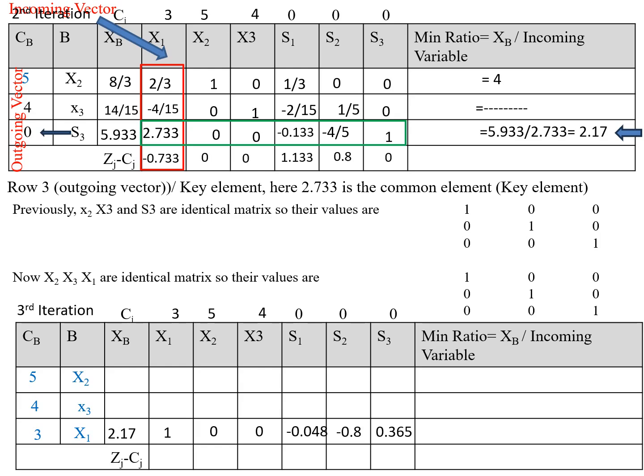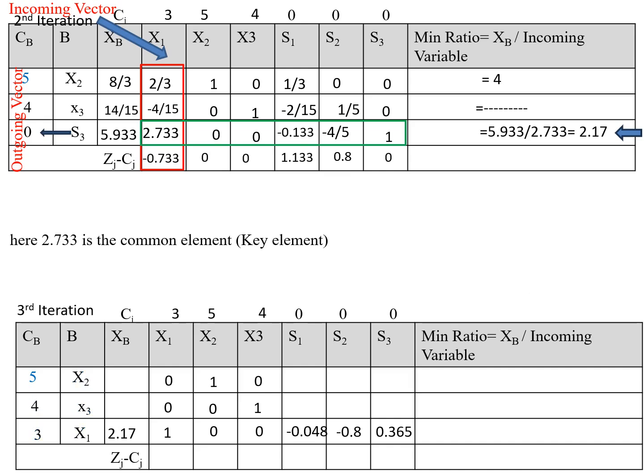Previously x2, x3, s3 are the identity matrix and their values are 1, 0, 0, 0, 1, 0, 0, 0, 1. Now x2, x3, x1 are the identity matrix. So their values are 1, 0, 0, 0, 1, 0, 0, 0, 1.